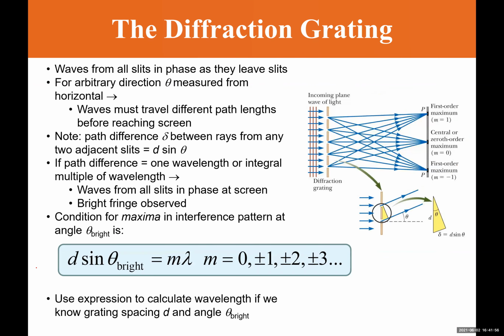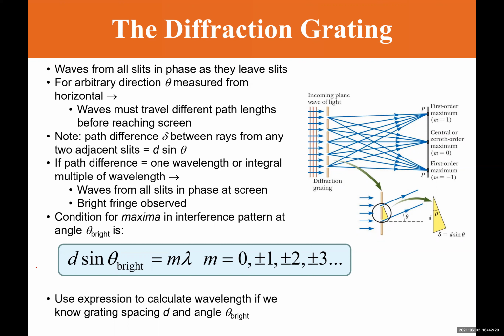All right, so one thing about the diffraction grating is that generally theta is very large. The mathematics of the diffraction grating is pretty much identical to the mathematics, for the bright fringes, of the double slit.